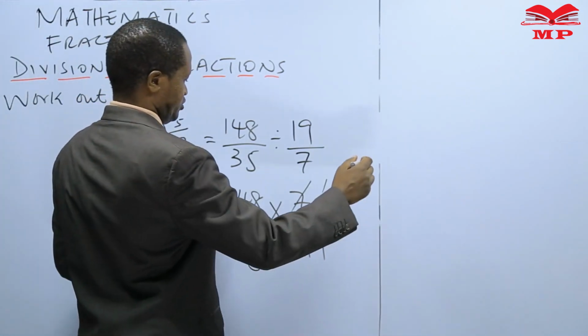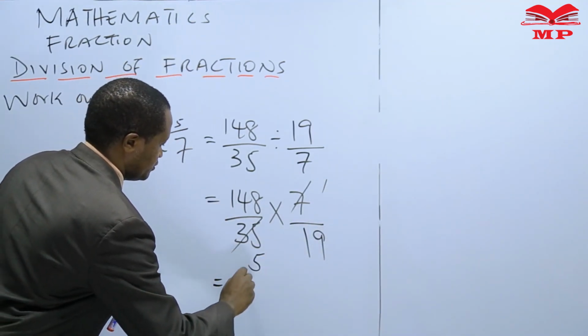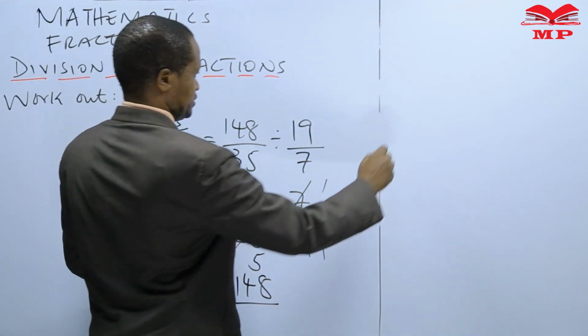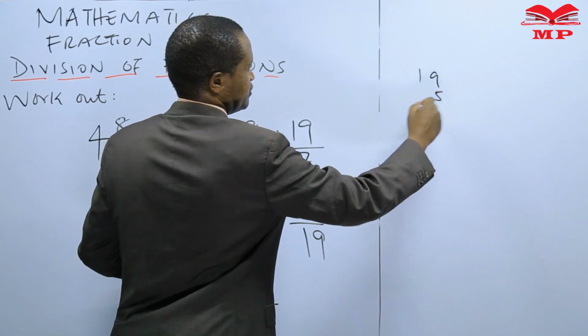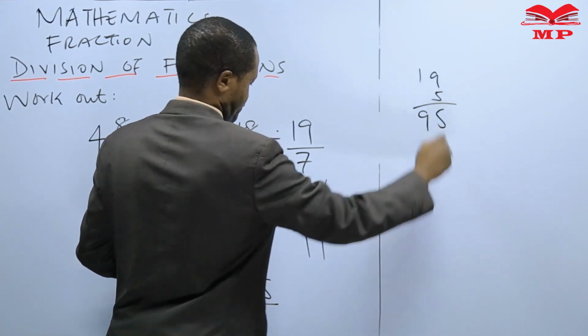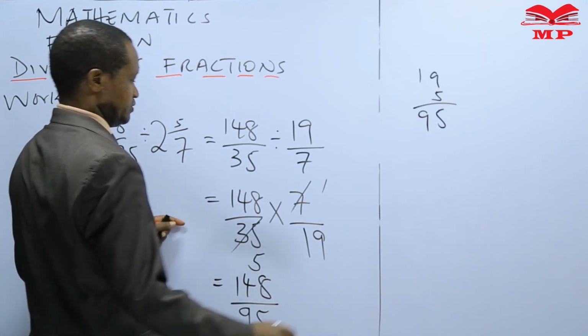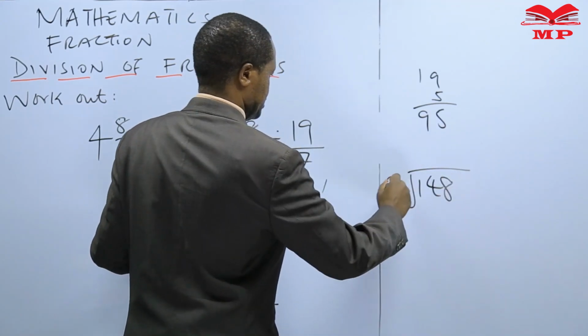So the numerators, we have here 148 divided by 19 times 5. This is equal to 45, 5, 95. 95. So 148 divided by 95.